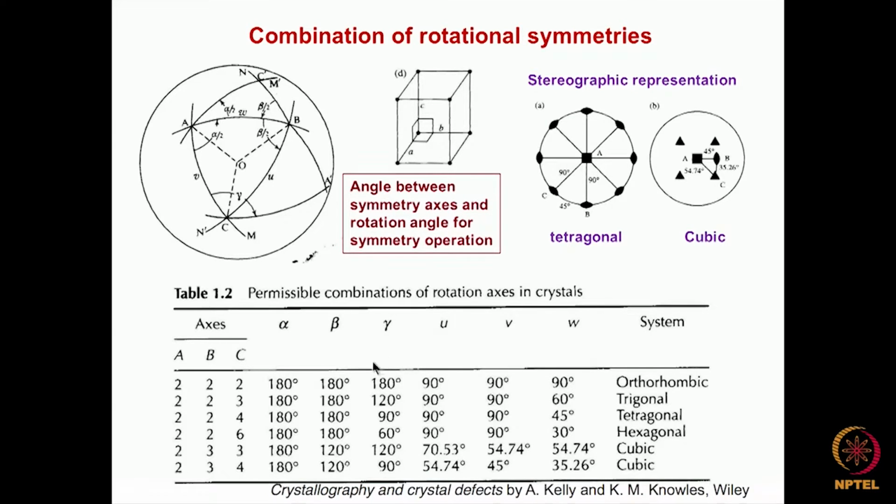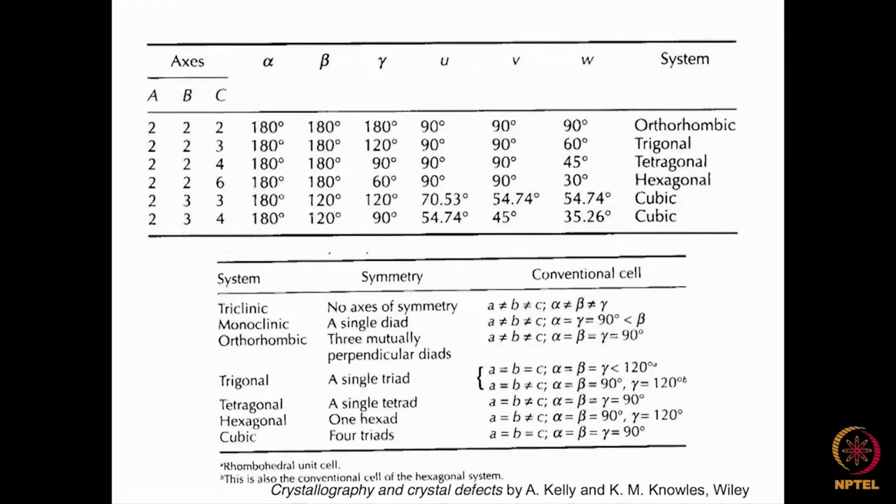So essentially, these are all the unique combinations which are possible by combination of rotation alone. Now in this particular slide, what I have shown is the different crystal systems, based on how they are defined by symmetry, and the minimum symmetry which is necessary for these Bravais lattices.